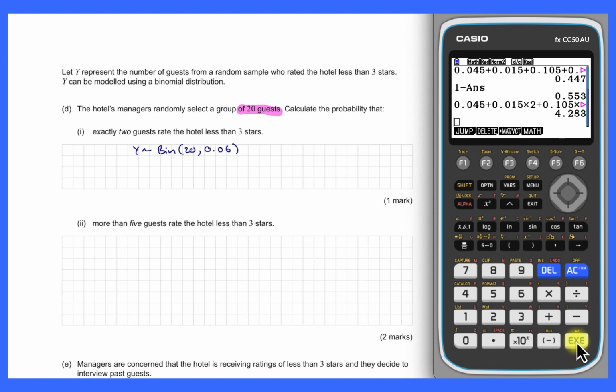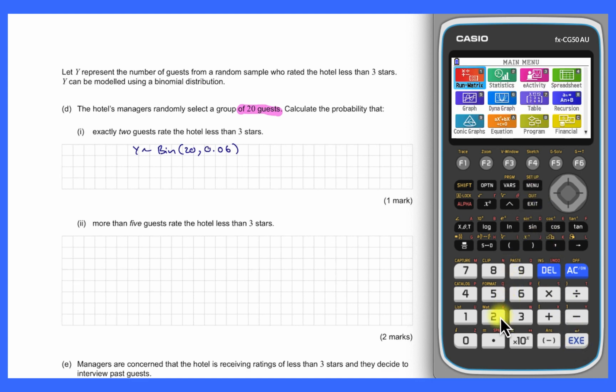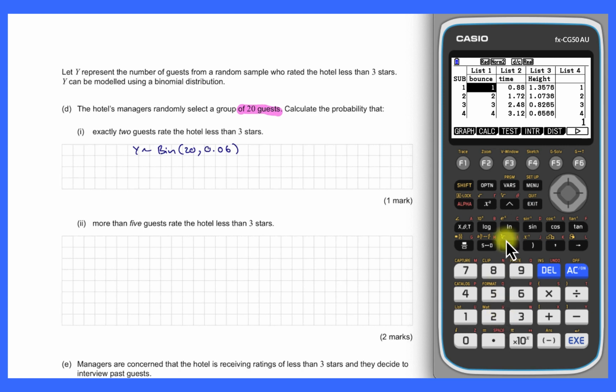Now we want to calculate the probability that exactly 2 out of 20 guests will rate the hotel as having less than 3 stars, and I'm going to use the statistics mode of my calculator and the binomial section of that to do that. So back to menu, off to statistics by pressing 2, the distribution menu, binomial.